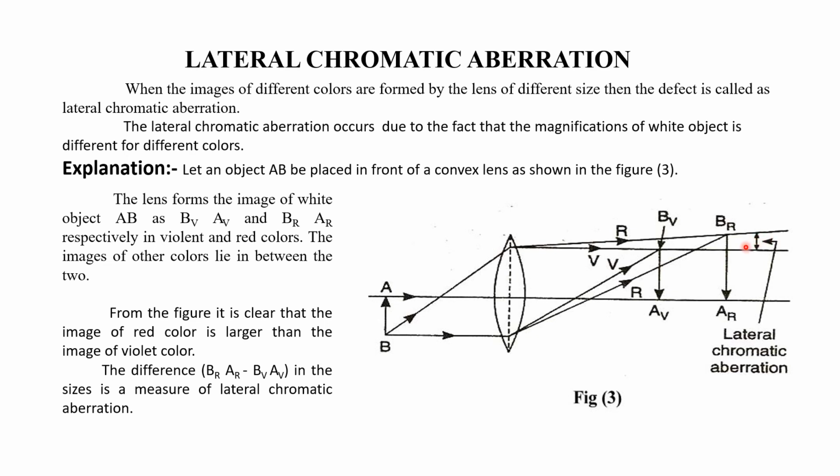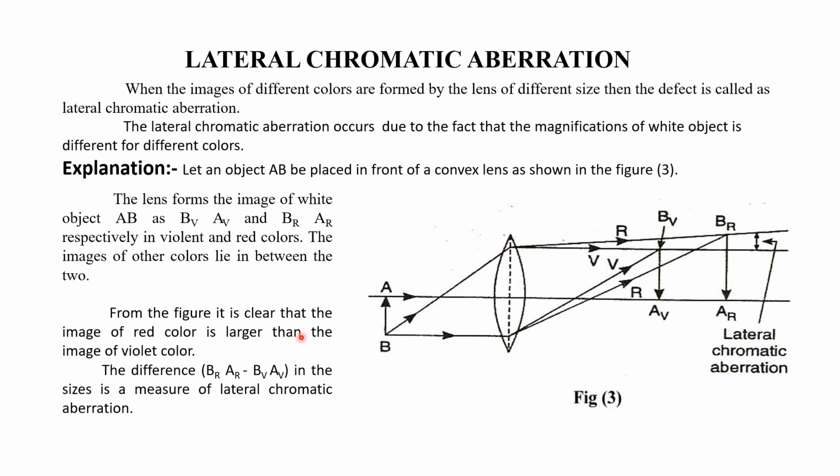So mathematically, we can say that the lateral chromatic aberration is equal to the size of the red image, AR BR, minus the size of the violet image, AV BV. This difference in sizes is a measure of lateral chromatic aberration.